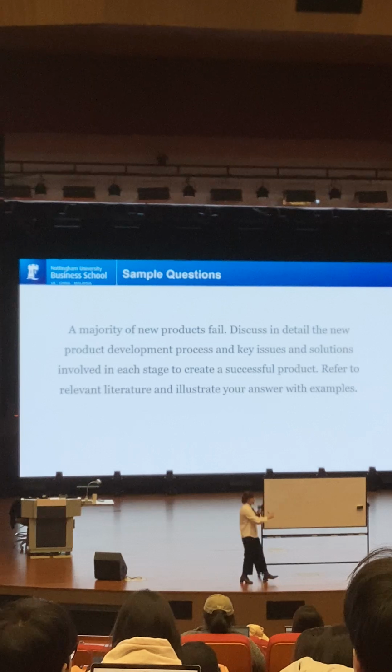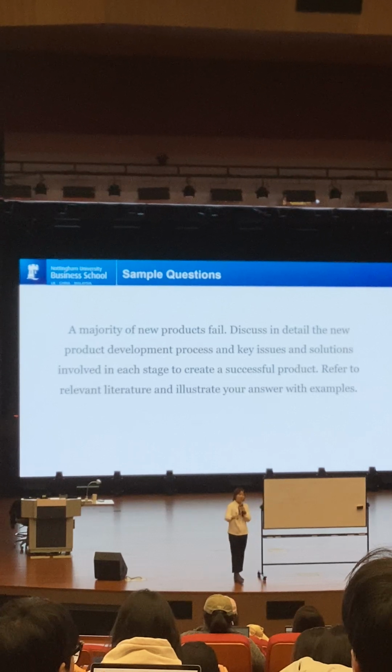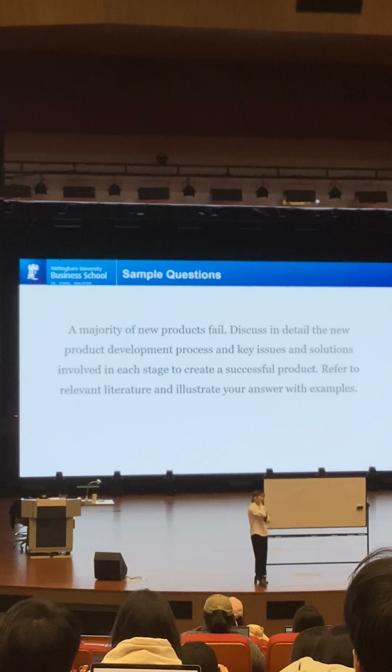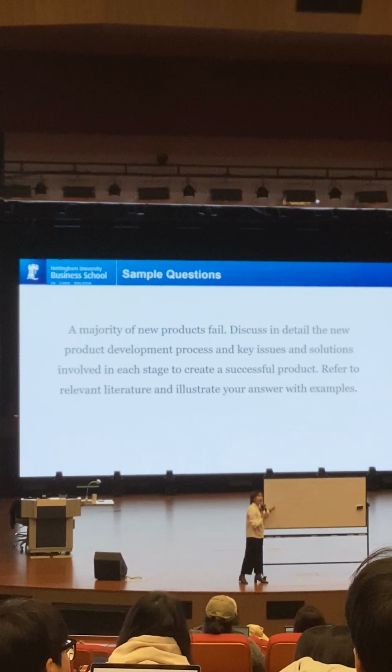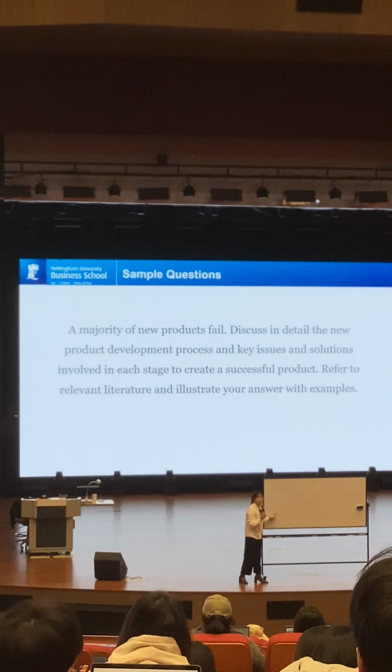So here, there is a question. Some of you would argue, okay, Rusa, I would like to suggest using another structure. For example, when we talk about one particular issue, I would talk about one particular solution, right? Some of you would prefer to structure the answer this way, which of course is good, okay?